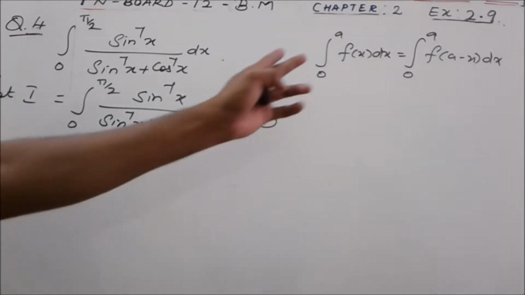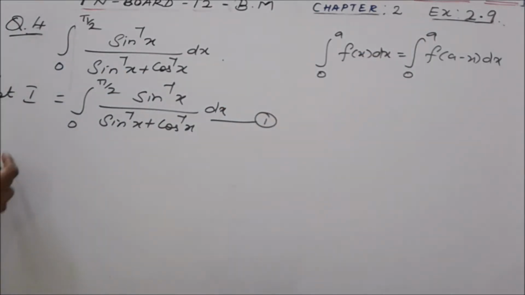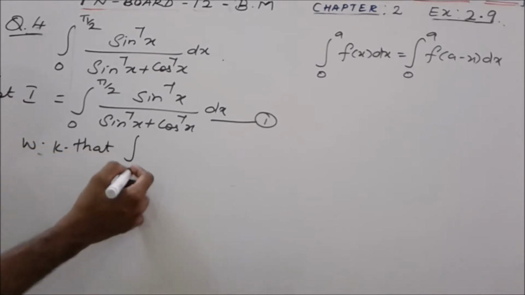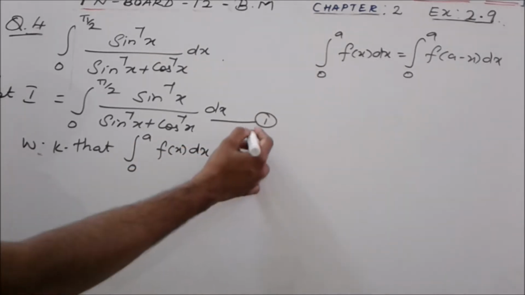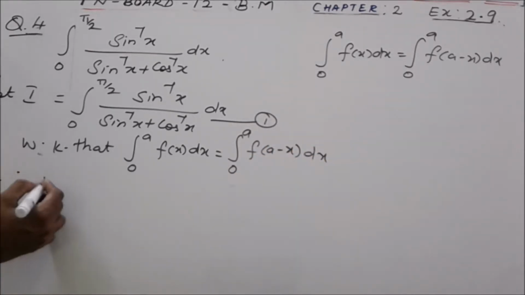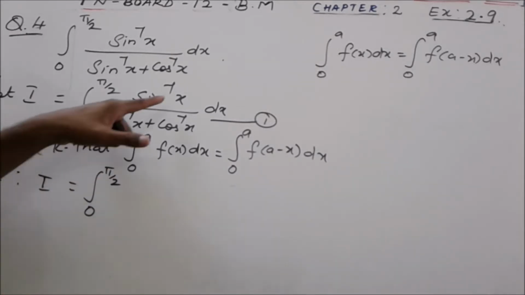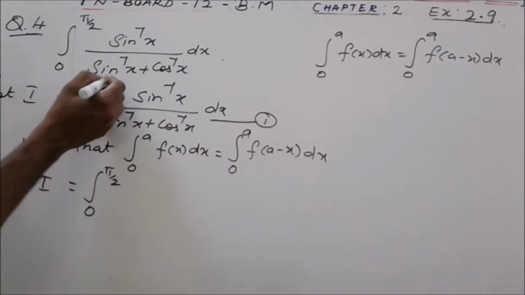So we can change this integral 0 to a of f(x) dx as integral 0 to a of f(a minus x) dx. Therefore I will be equal to integral 0 to pi by 2, where instead of x we substitute a minus x, that means a is pi by 2 here.